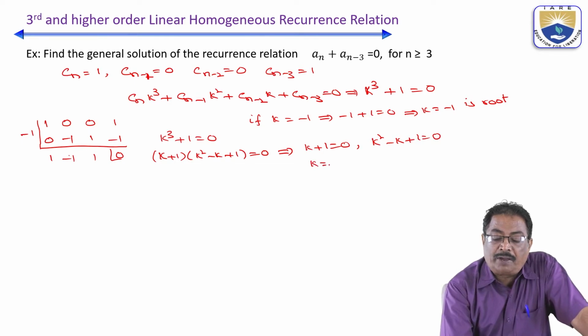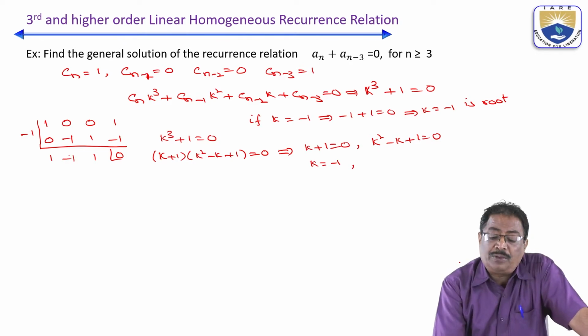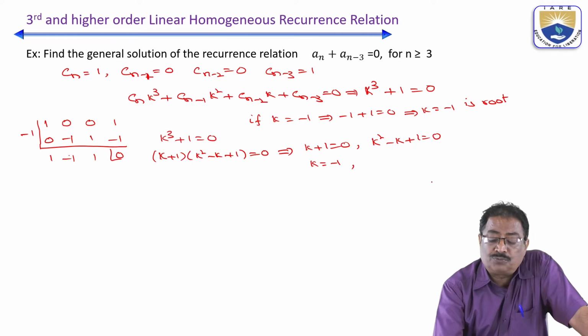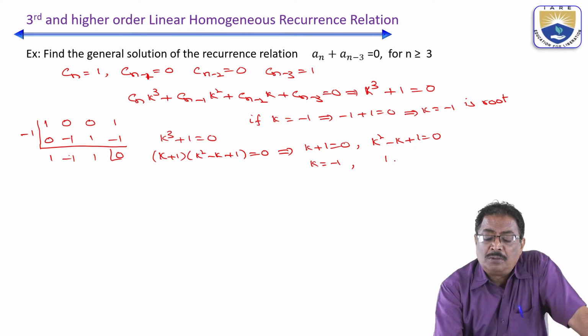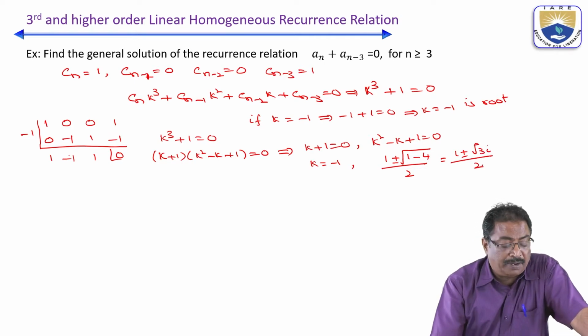So k equal to minus 1. Then for the quadratic, real roots are not possible, so I am going to find the imaginary roots. Using minus b plus or minus root of b square minus 4ac by 2a, this is 1 plus or minus root 3i by 2.